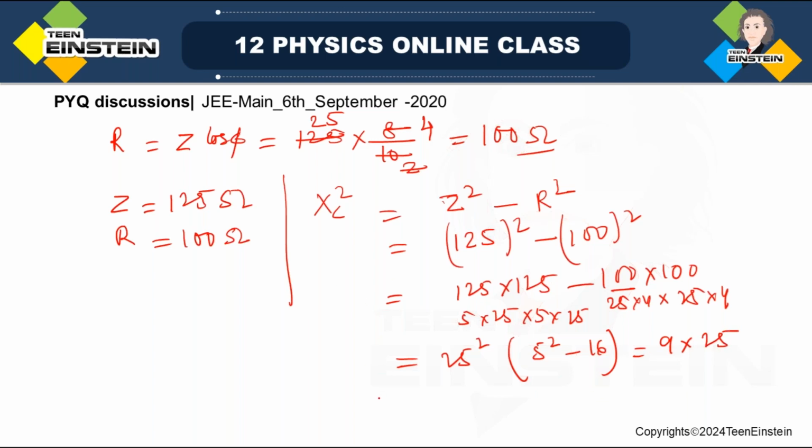Taking the square root, XL will be 3 into 5, that is actually 15.